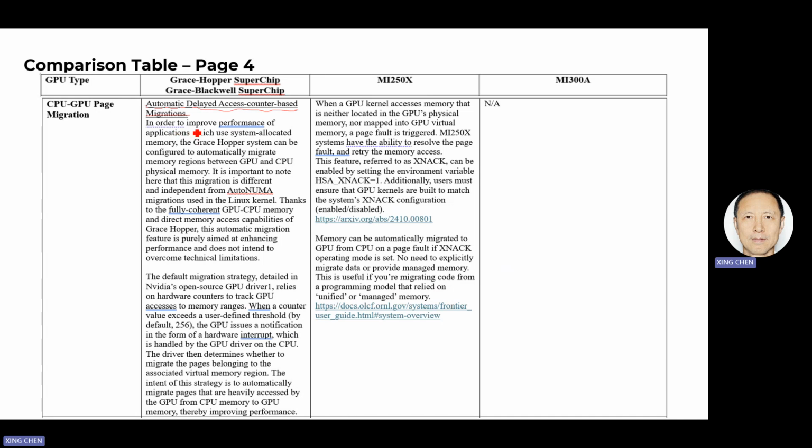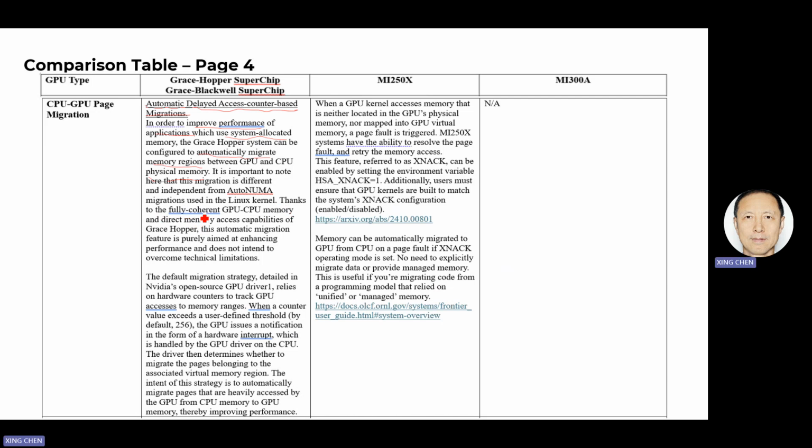In order to improve performance of applications which use system allocated memory, the Grace Hopper system can be configured to automatically migrate memory regions between GPU and CPU physical memory. It's important to note that this migration is different and independent from auto-NUMA migration used in the Linux kernel.